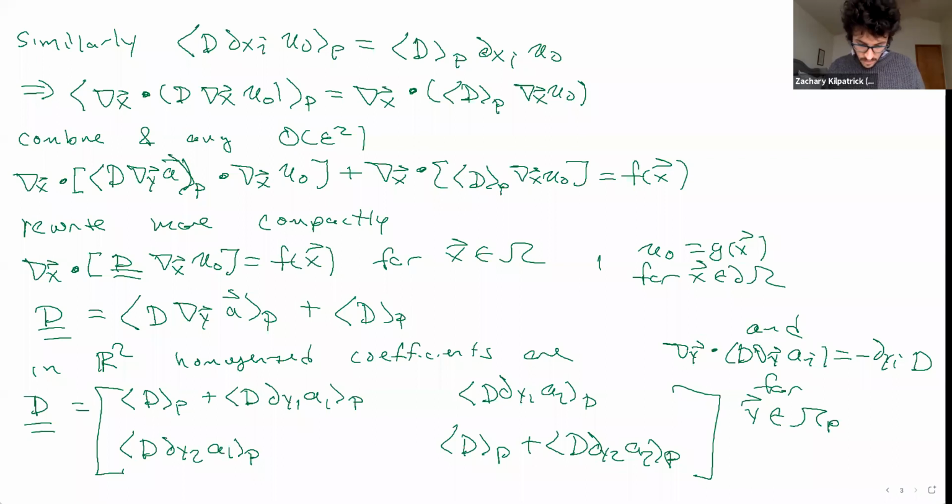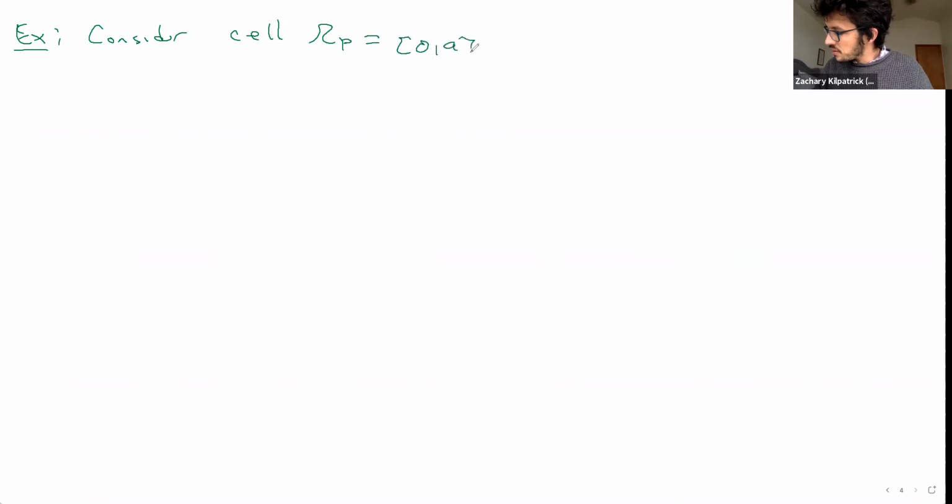Okay. All right, so let me do this in an example, and then I'll be done. Okay, so let's consider a cell in 2D. Okay, omega p is equal to the interval from 0 to a crossed with the interval from 0 to b in R2.